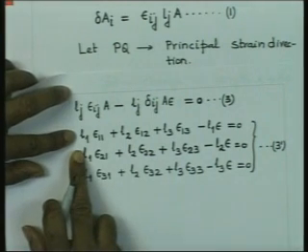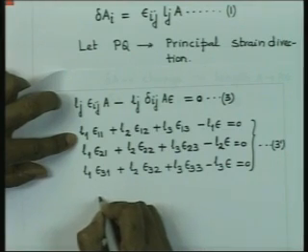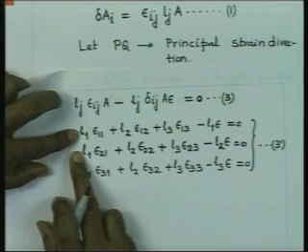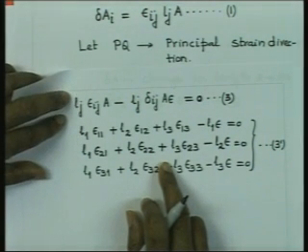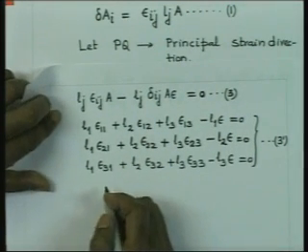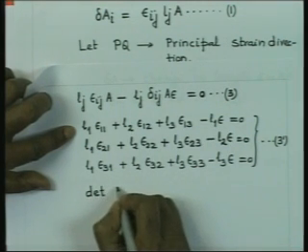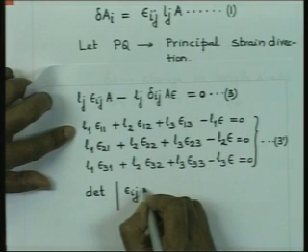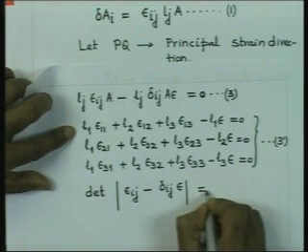Now, this involves equations which can be written in a compact form, 3, and you see that herein L1, L2, L3 are the unknown constants, and this is a homogeneous set of equations, right hand side is 0, and therefore, if it is to give us non-zero solutions, then we must have determinant of the quantity epsilon I j minus delta I j epsilon must be equal to 0.